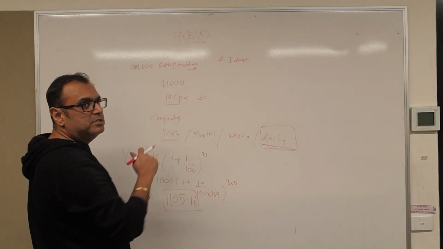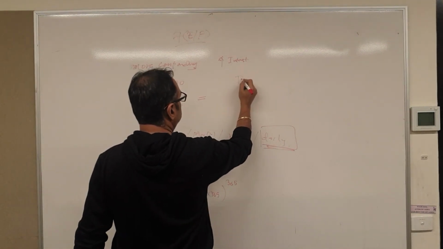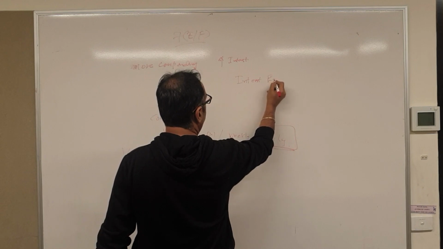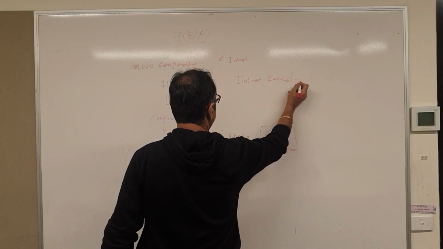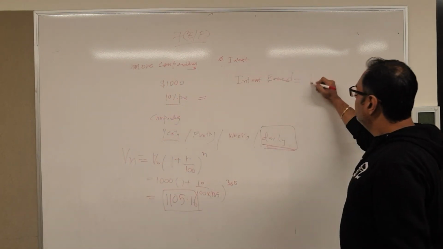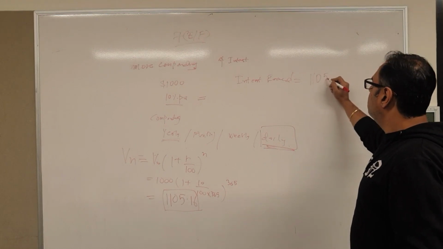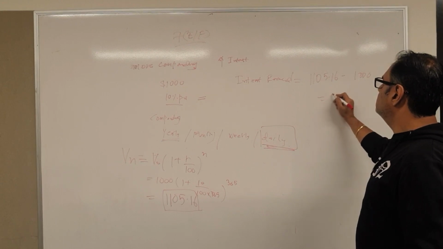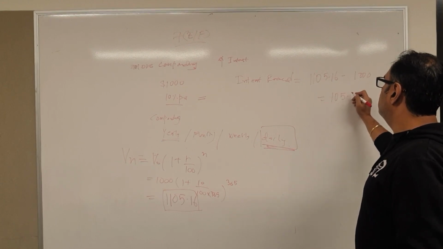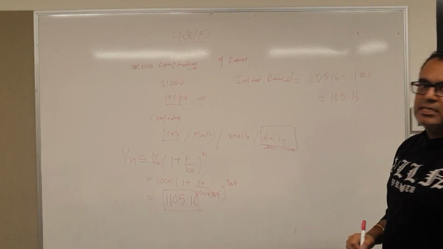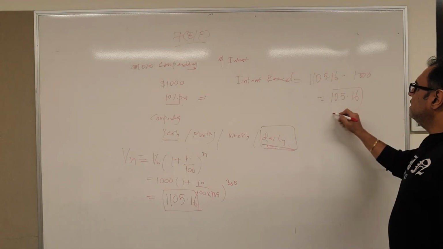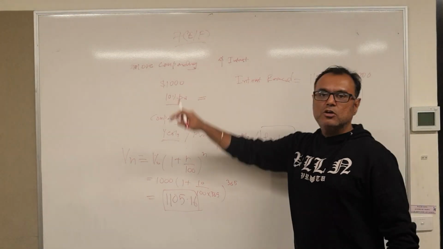So the interest earned is 1,105.16 minus 1,000, which is 105.16. That's the interest earned. This interest is earned in 1 year for $1,000.